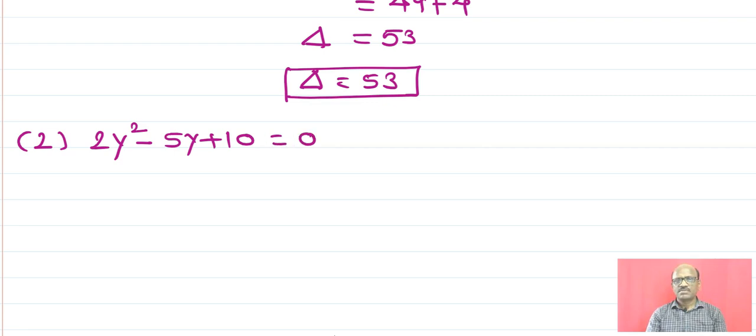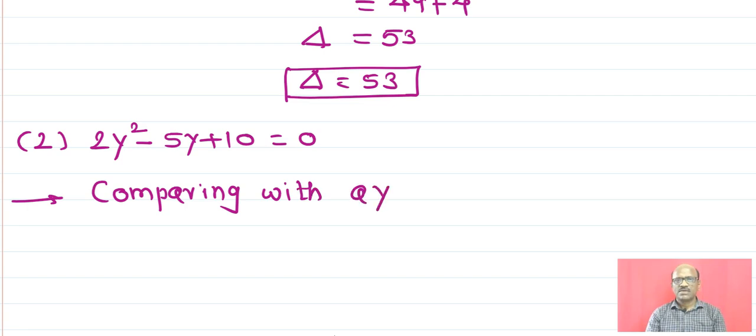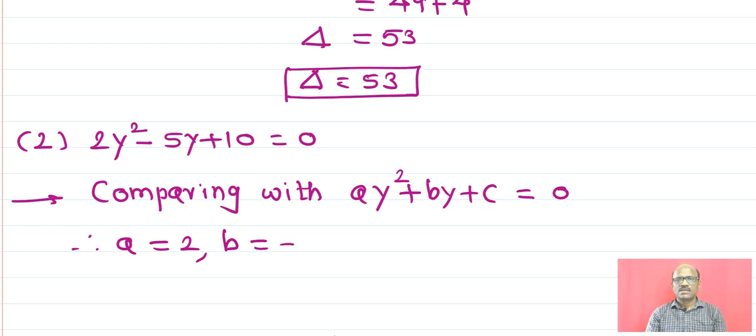y square minus 5y plus 10 equals 0. Comparing with ay square plus by plus c equals 0, a is equal to 2, b is equal to minus 5, c is equal to 10.